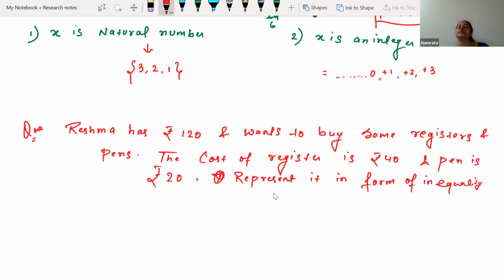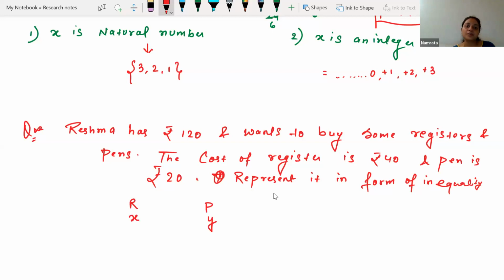So how to represent this in the form of inequality? If Reshma has 120 rupees and wants to buy some registers and pens, let's say she has bought X registers and Y pens, right? We can assume it. This is how we assume while making the equation.